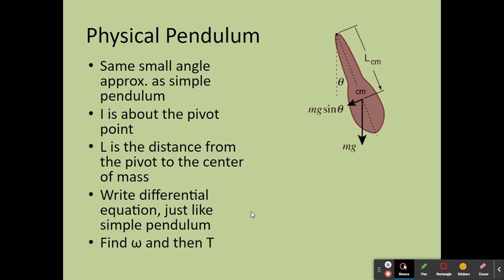So now we have to worry about where the center of mass is, because that's where the mg is acting. If it's a point mass, like with the simple pendulum, that's right at the end where the point mass is. But otherwise it's going to act at the center of mass. If it's uniform, that means it'll be right in the middle. So you write the differential equation just like for the simple pendulum, and then you find omega and then T. So just like for the simple pendulum.